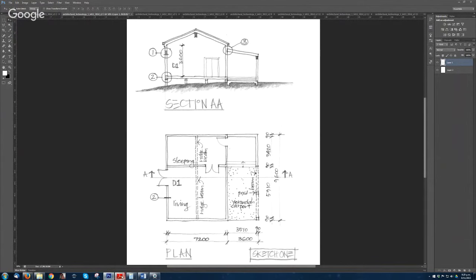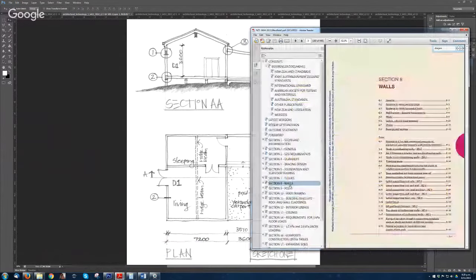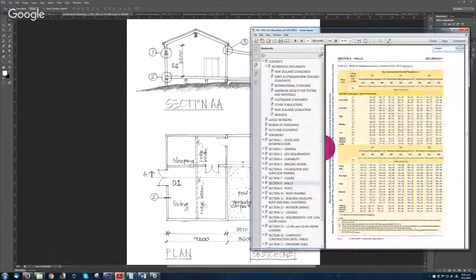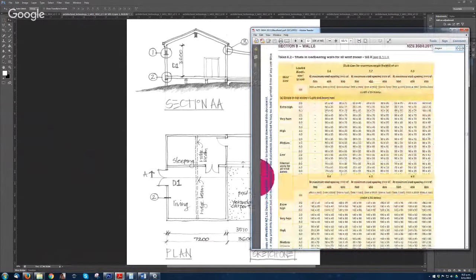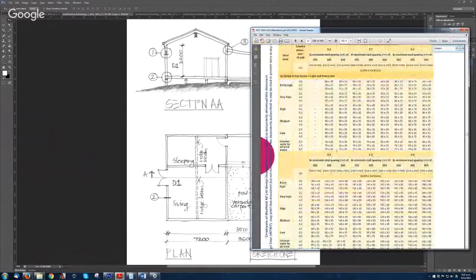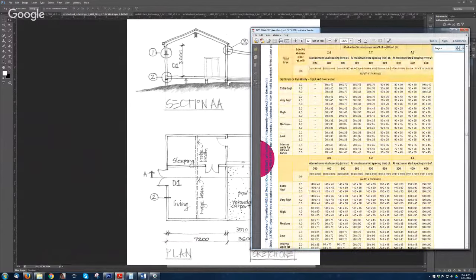So you need to go to the table again. So it's wall studs, this table here. You see we got 3.6 for the height, spacing of 600, but then to know your sizing, you need to find out what's the loaded dimension on the wall.